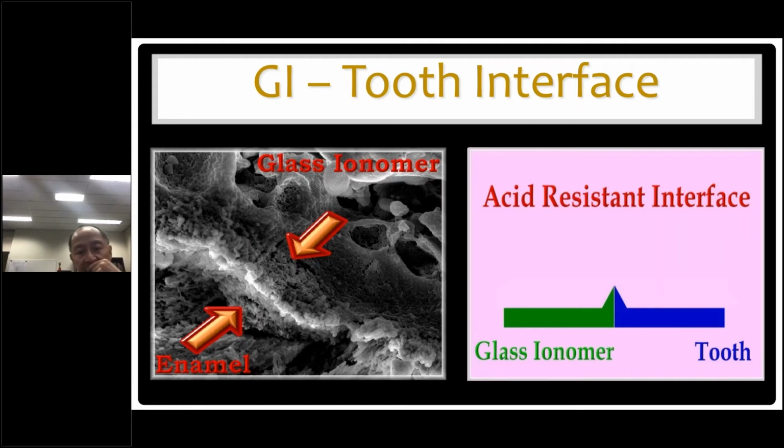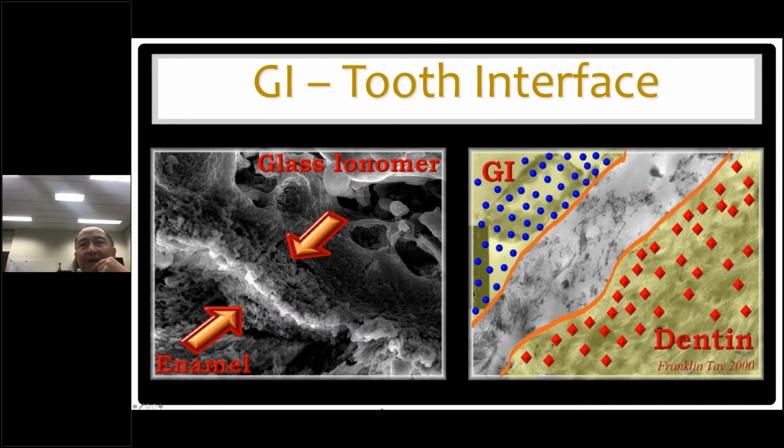To make it easier to understand, if I now mix a glass ionomer cement, inside that you have calcium, phosphate, aluminum, and it's acidic, so all these blue balls represent those chemicals. The tooth itself contains calcium, phosphate, which are the red squares. You mix the two together, the acidity of the GIC at that point makes it act as a self-etching system.